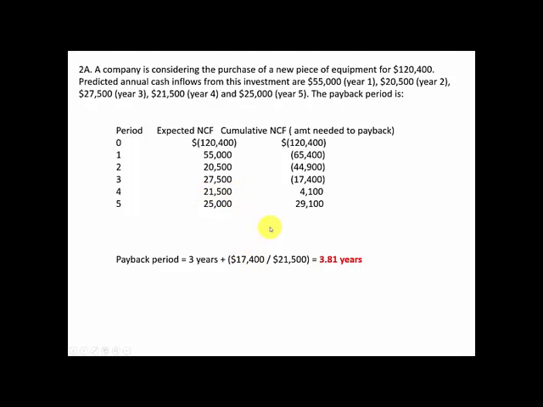So if you take $17,400 and divide it by $21,500 and turn that into a portion of a year, you've got 3 full years, 1, 2, 3 right there, and then you've got 0.8, 8/10 of a year, assuming these cash flows are evenly received, that you got back the rest of your money. So it wasn't 4 full years to get back all your money plus $4,100, but it's 3.81 years to get back to zero. That is, to get the $120,400 back.